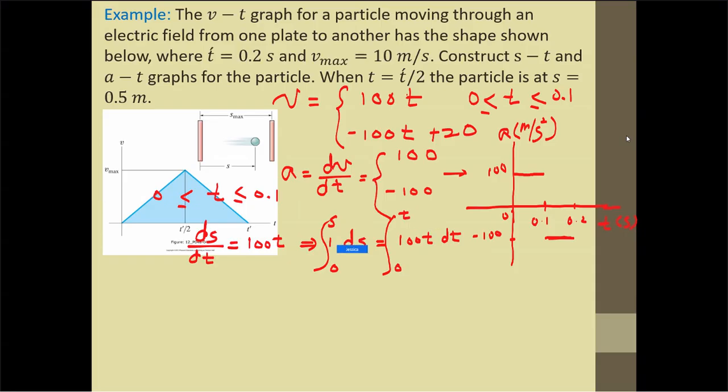Antiderivative of 1 with respect to S is S. Plug in upper limit S, lower limit 0, then the left-hand side is S minus 0, that is S. Antiderivative of 100t is 50t squared, upper limit t, lower limit 0. So this is the profile of position in the first time interval.